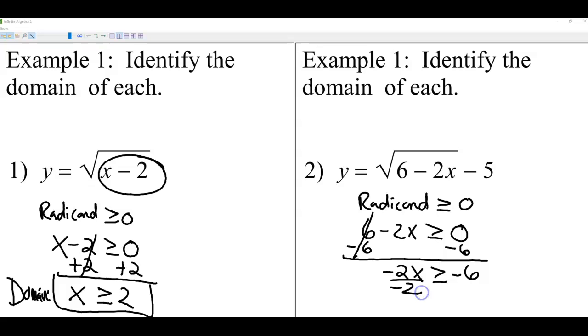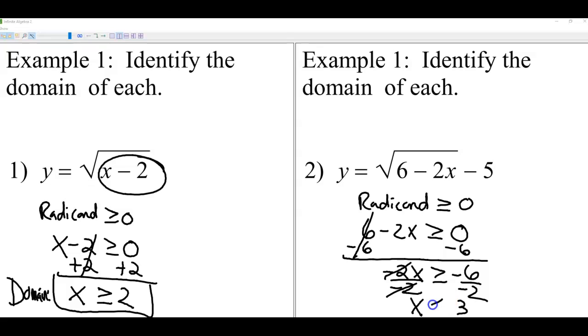Now, something weird is going to happen here that you probably don't remember from Algebra 1, so I'll remind you. First of all, what's negative 6 divided by negative 2? Do you remember that when you divide by a negative number, the little arrow flips?